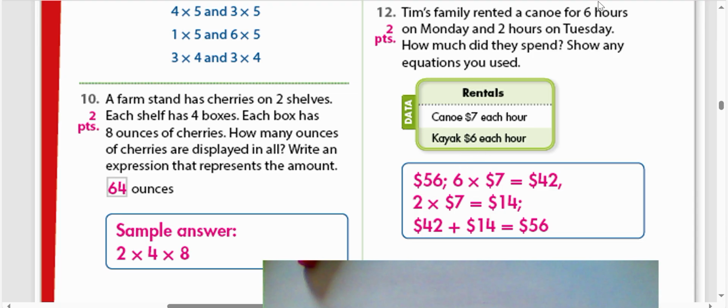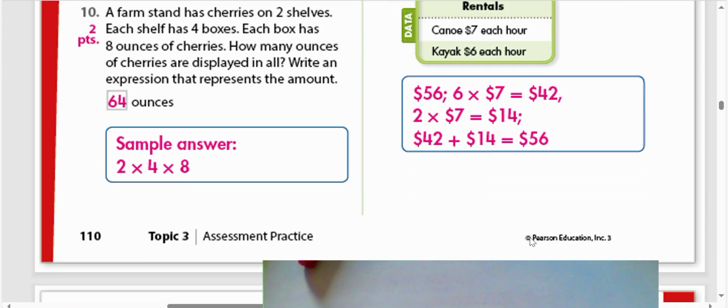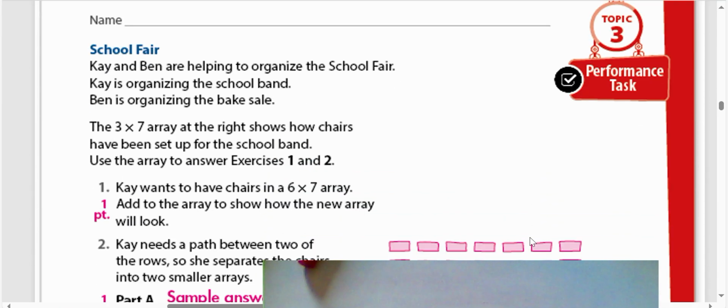We can write 6 times 7 and 2 times 7. Okay, 6 times 7 equals 42 and 2 times 7 is 14. We can add together 42 plus 14 equals 56, and the total answer is 56.